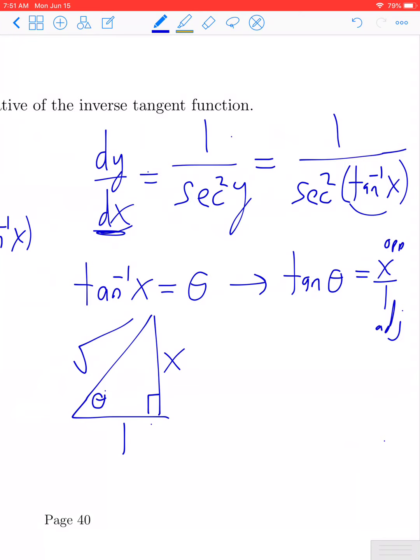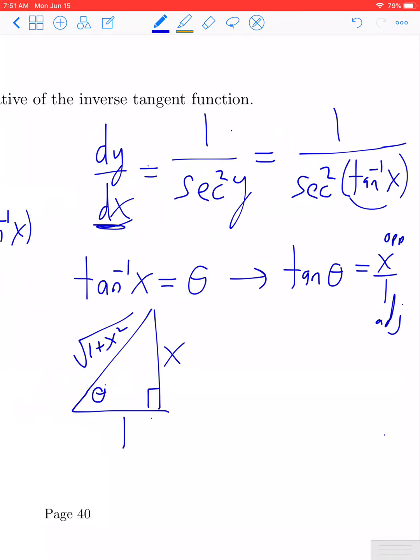The Pythagorean theorem would tell us the hypotenuse is the square root of 1 plus x squared. So if you solve for the hypotenuse using good old school a squared plus b squared equals c squared, we would get that the hypotenuse is the square root of 1 plus x squared, and that will now allow us to find the value for the secant squared of theta. So remember, secant is reciprocal cosine.